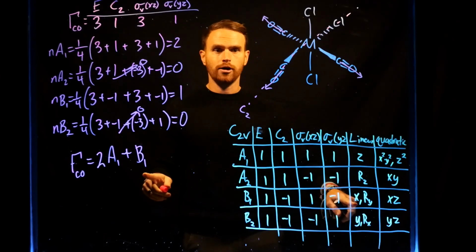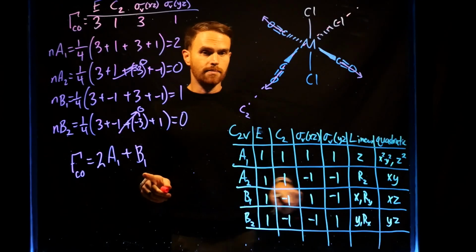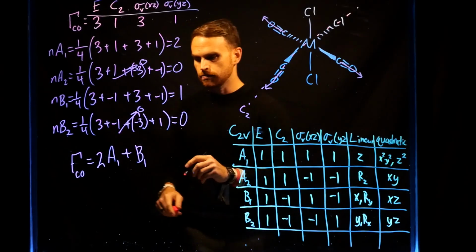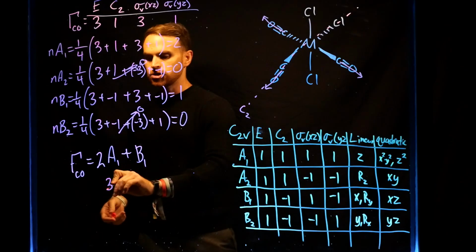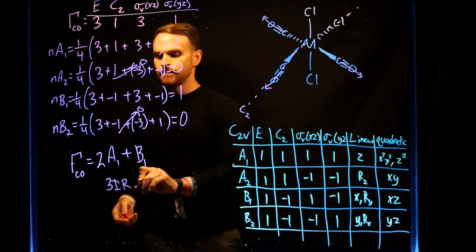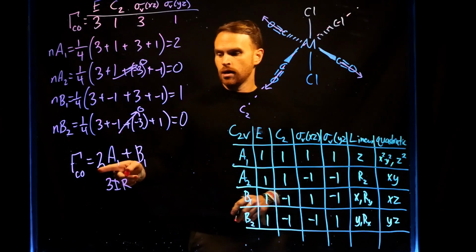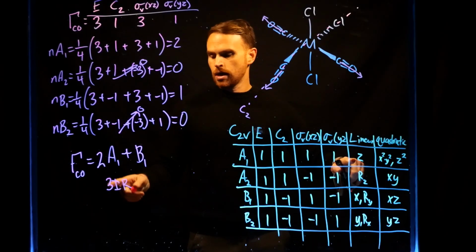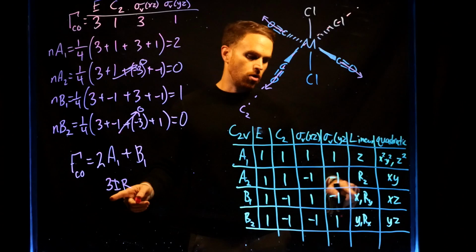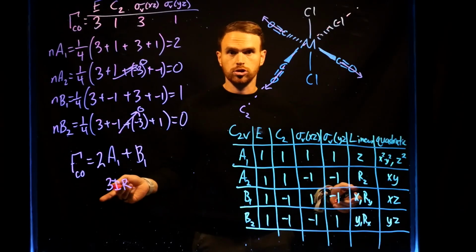So we need an X, Y, or Z to be contained in that column for the B1 irreducible representation. So that means that all of these should be IR active, which means I should have 3 IR peaks for the stretches. There's 2 from the A1 because we have 2 A1s. There is 1 for the B1 because there's only 1 here, so there's 3 overall.